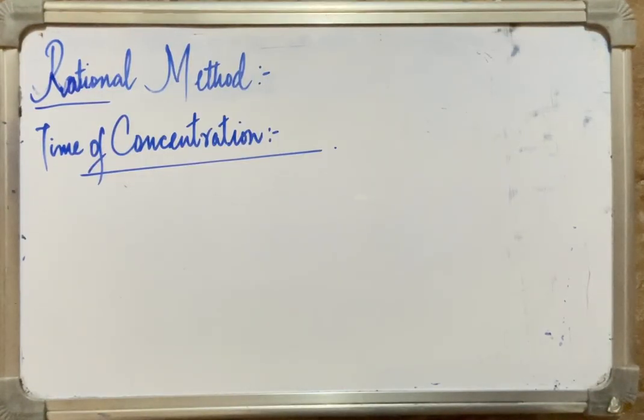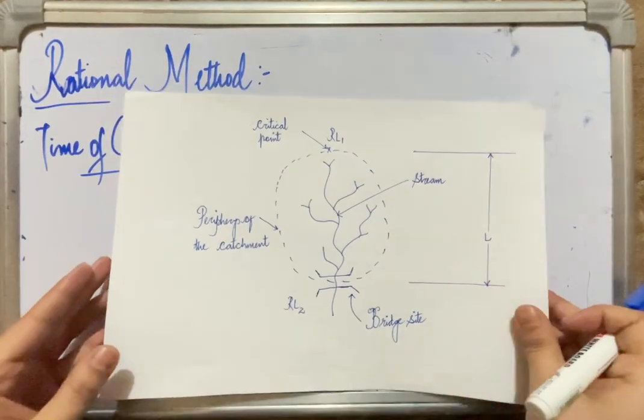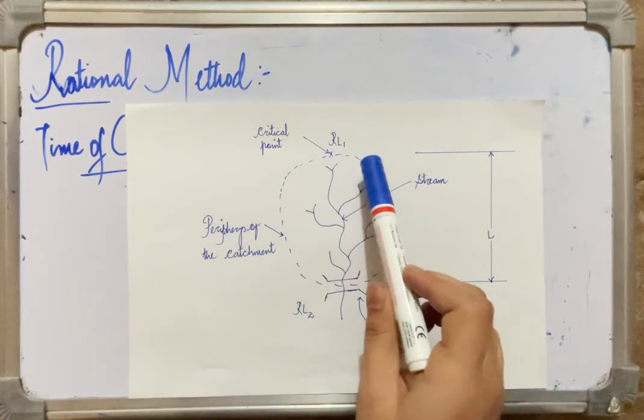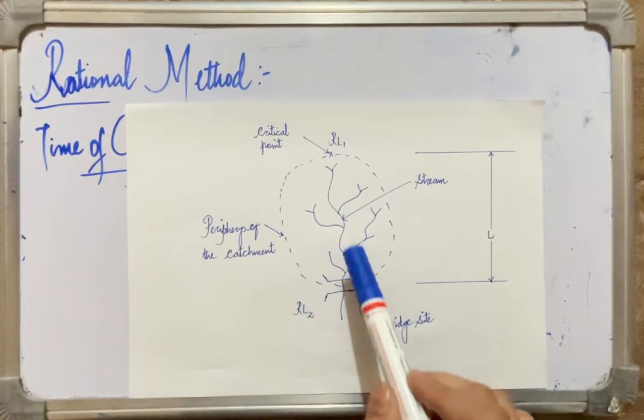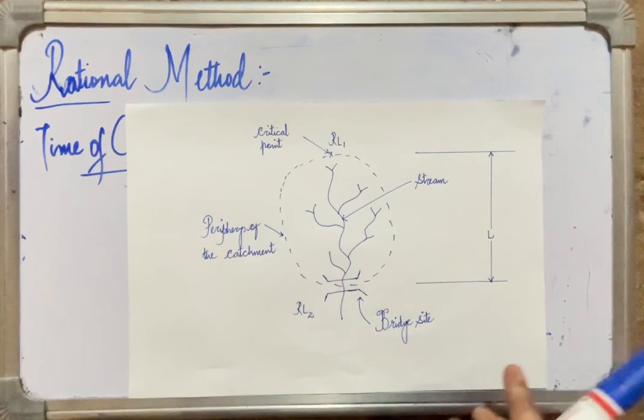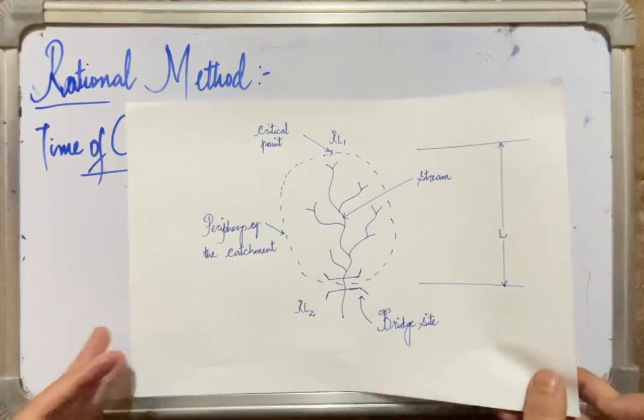All right, let me show you a diagram and you may be able to see it here. So this is the catchment. This is the periphery of the catchment. This is the stream. This is the bridge site. What is time of concentration?